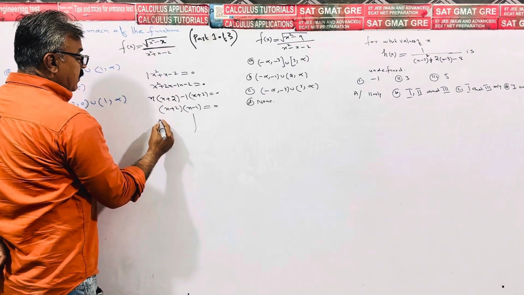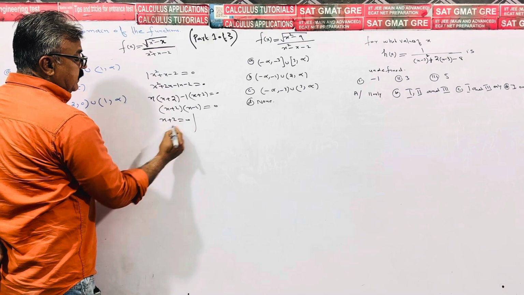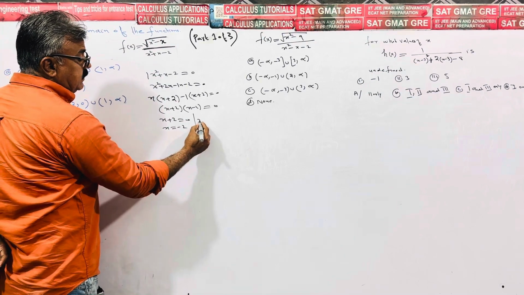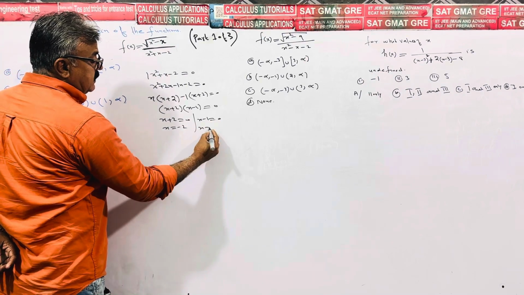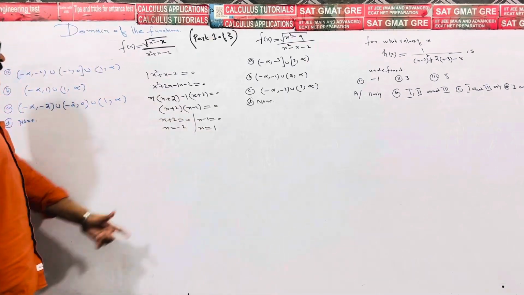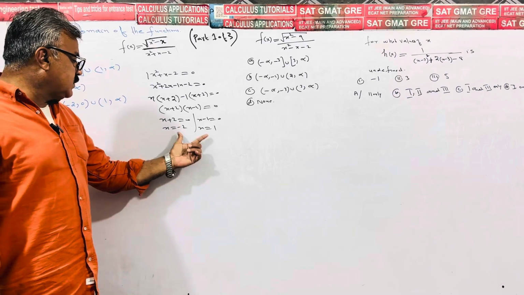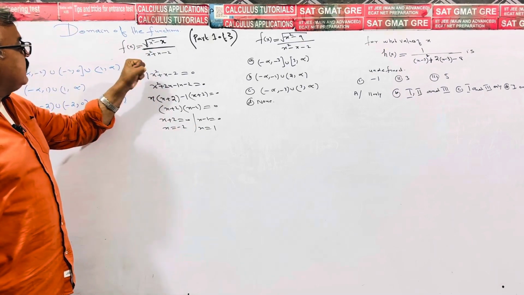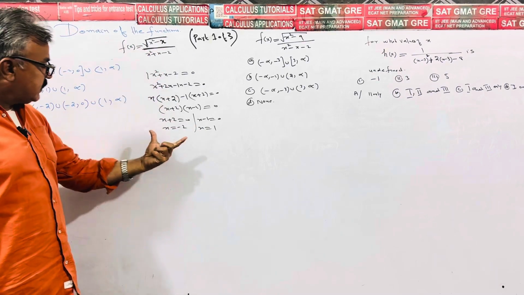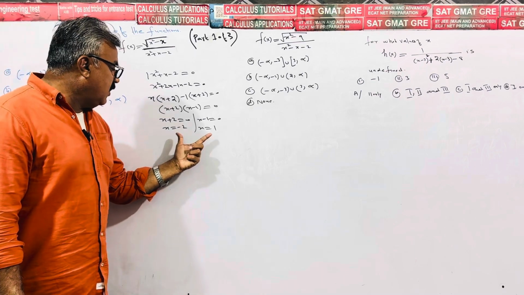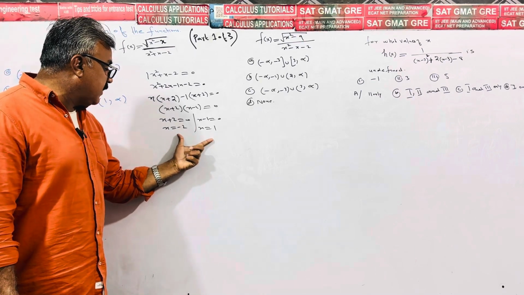Solve for x: either x plus 2 is equal to 0, which leads to x equal to minus 2, or x minus 1 is equal to 0, so x is equal to 1. So in the domain, we cannot afford minus 2 and 1. We have neutralized the denominator by excluding minus 2 and 1 from the domain.